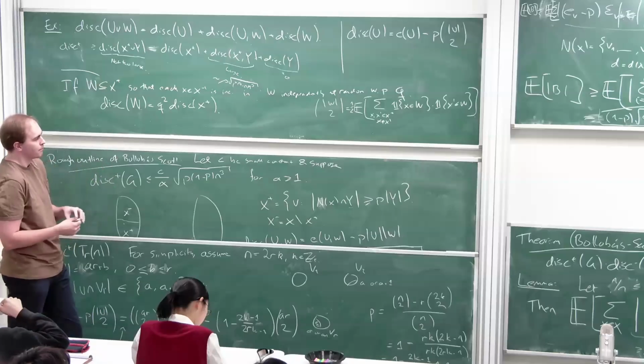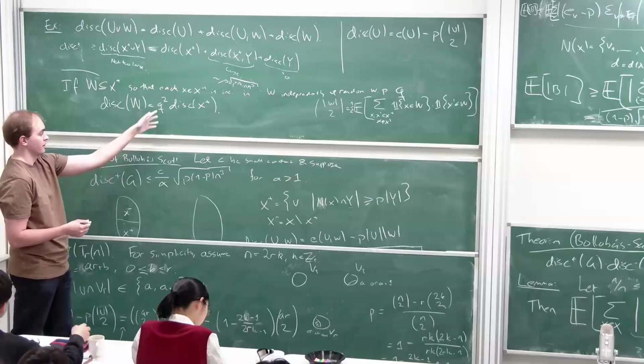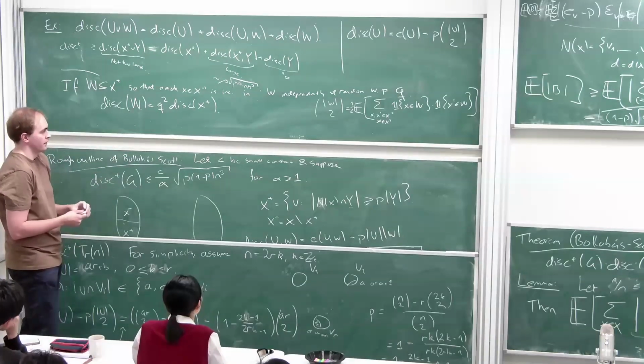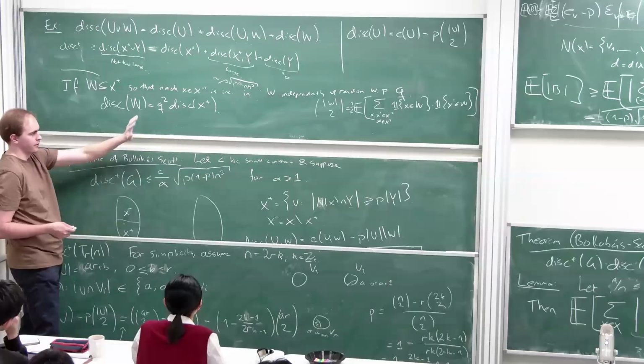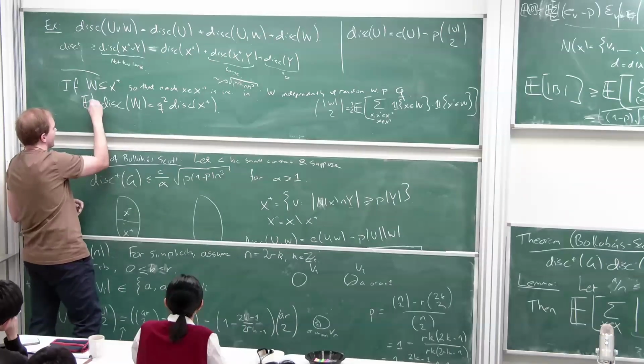So really, the expectation of this binomial coefficient also scales as q squared. So this is exactly q squared, no rounding error included. Sorry, so here I should have the expectation.